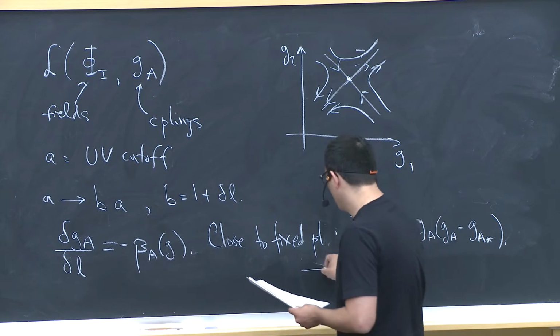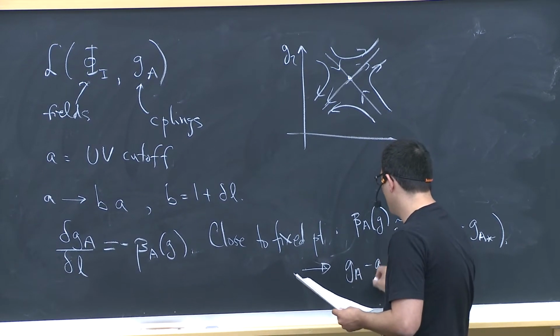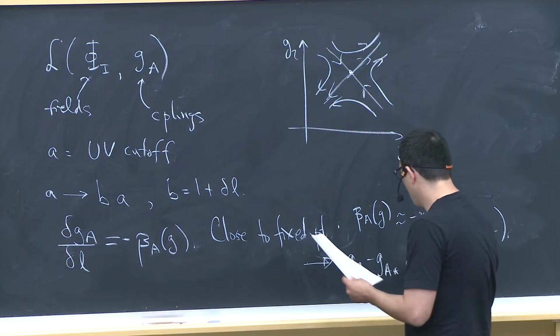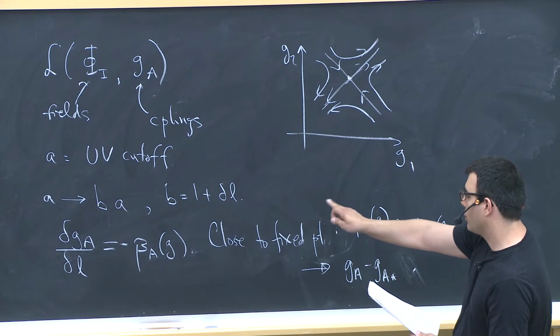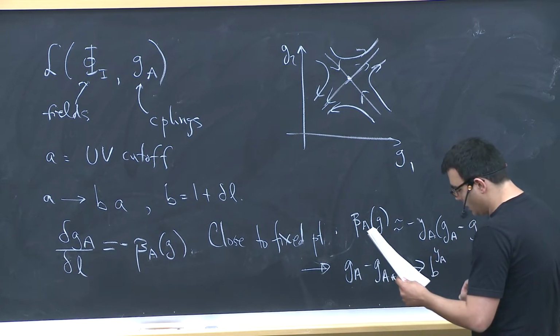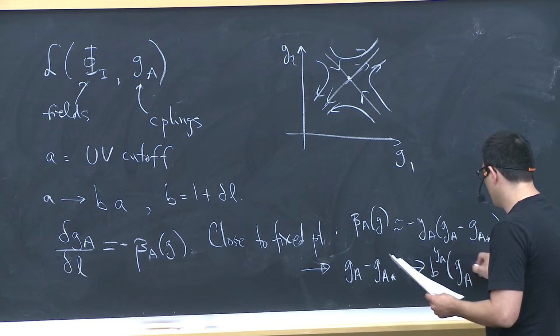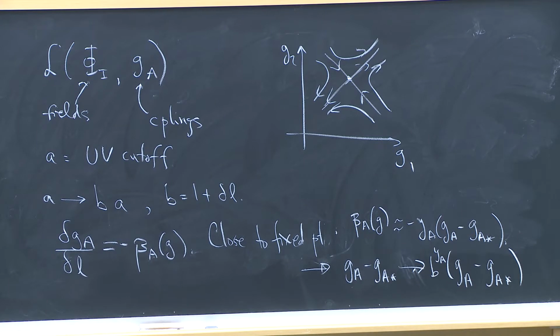And that implies that g_a minus g_a star, close to the fixed point, under the RG transformation, goes like b to the y_a times g_a minus g_a star. Okay? So that's one thing that we discussed.